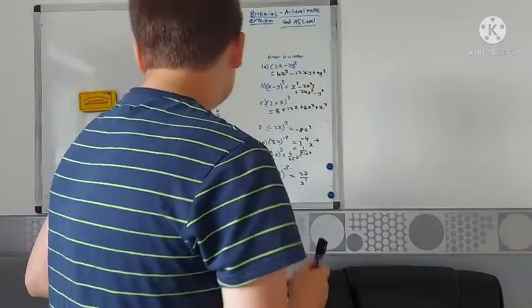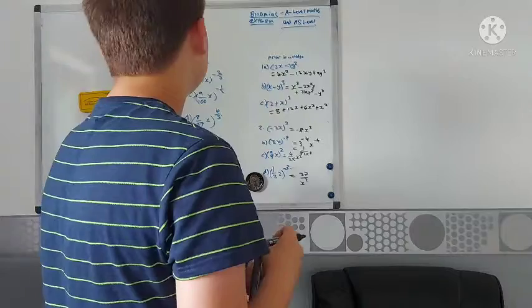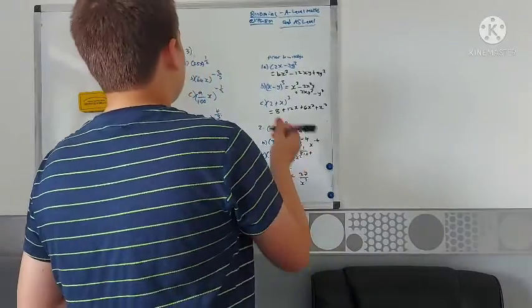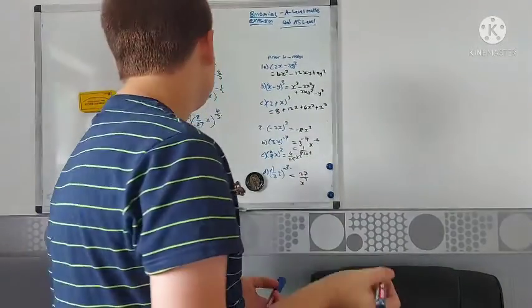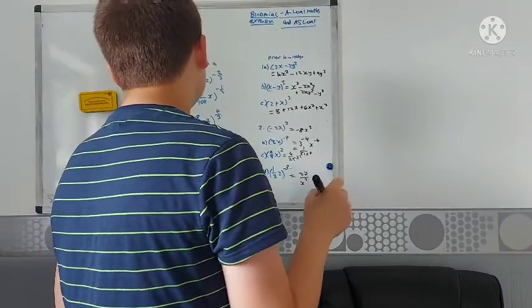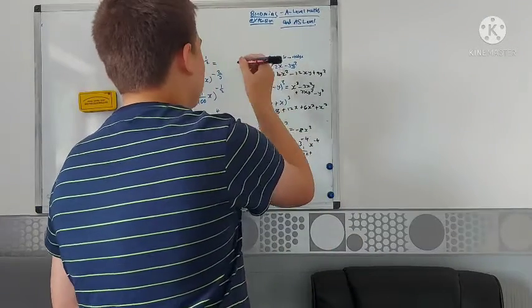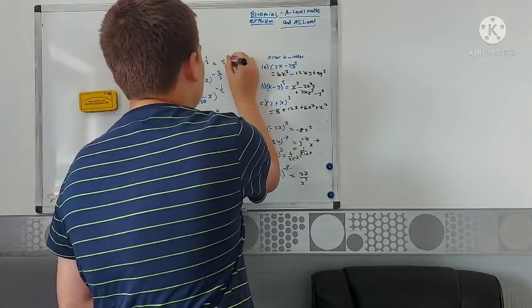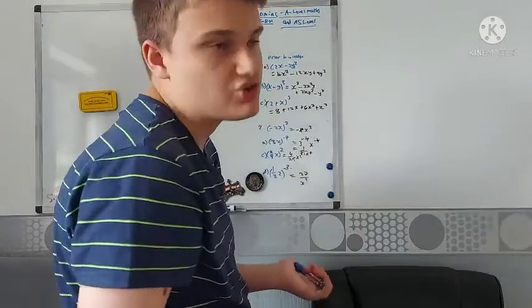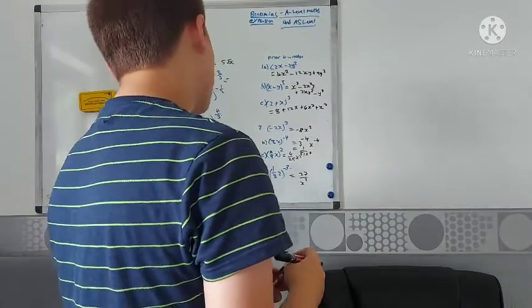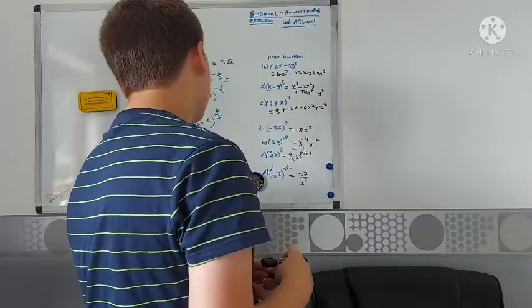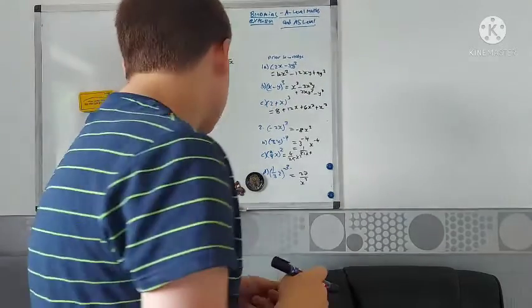Question 3, we've got 25x all to the half. With our index law, 25 to the half is the same as the square root of 25, which is 5, and then the square root of x. So I've got 5 square root of x. Straightforward. Then 64x all to the minus 2/3, however. We can either do the negative or the positive first.